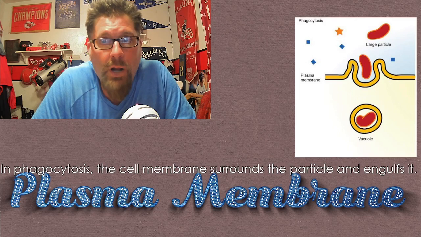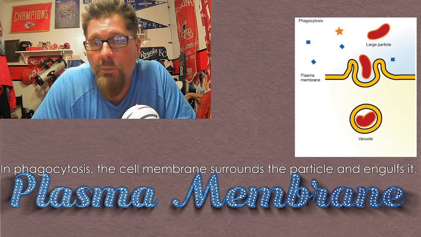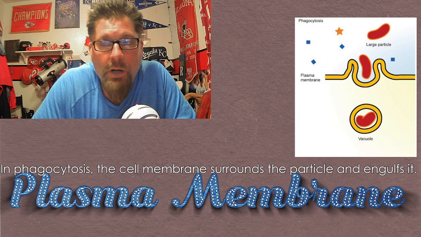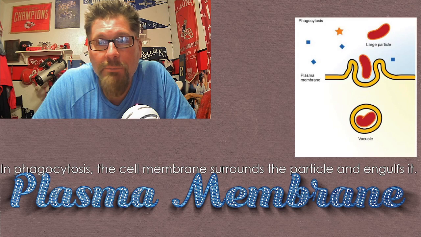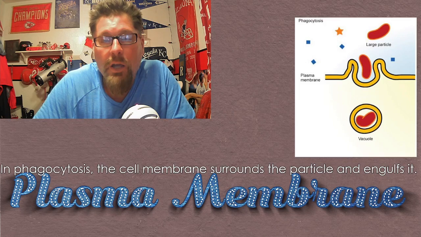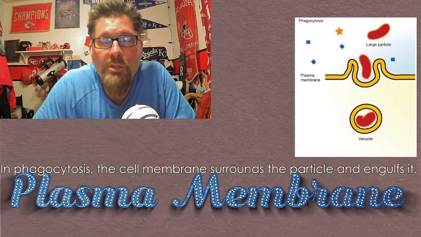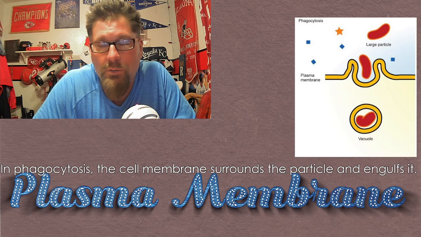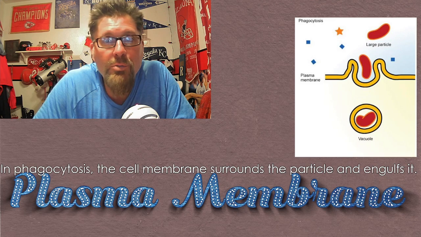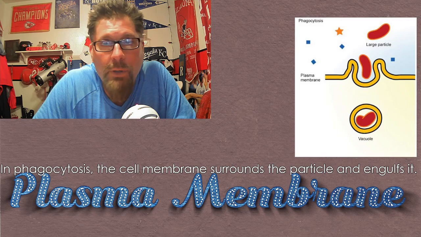So essentially what happens, as you can see in the picture beside me, is the particle approaches the plasma membrane, and the membrane simply wraps around it and then pinches off, and it floats into the cell inside of that vesicle of phospholipids, and then the two separated parts of the membrane just simply reconnect.